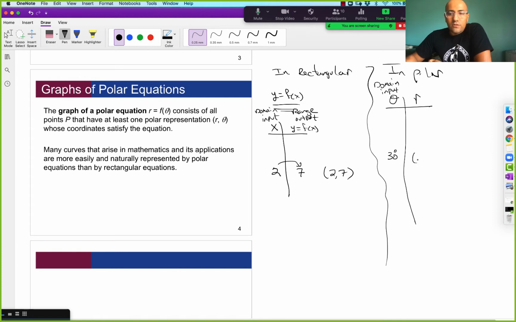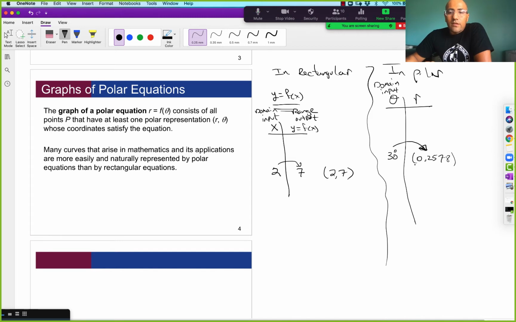Maybe it's equal to 0.2578. I don't know. Maybe we took cosine of 30 degrees, squared it, minus 2, divided the whole thing by 9. Who knows, right? There's some sort of equation that we're going to look at, but at any rate, this leads to that. And so we have an ordered pair that we graph, and that's going to be part of our graph.